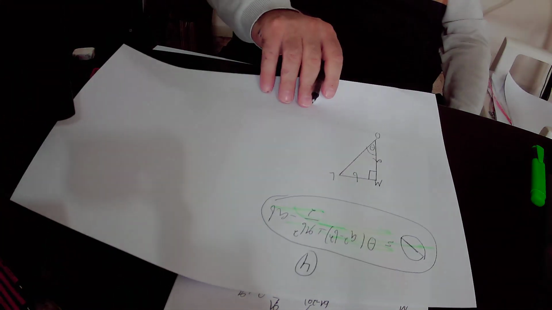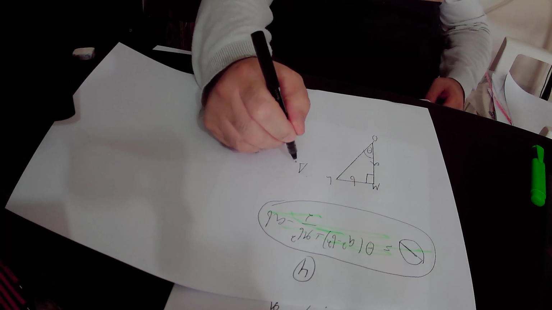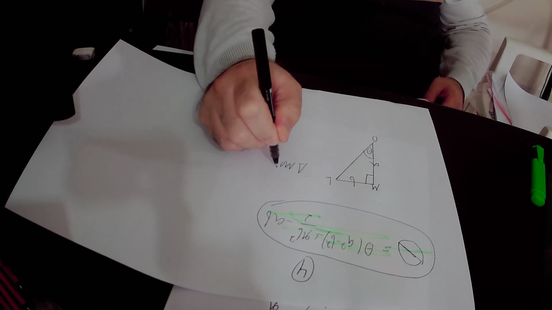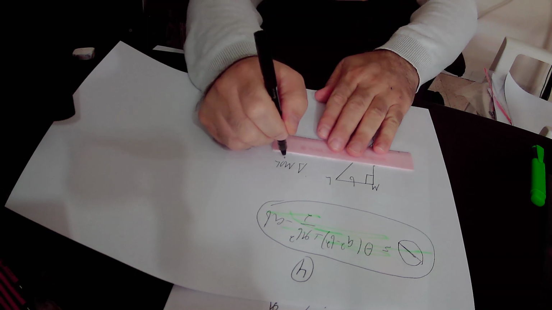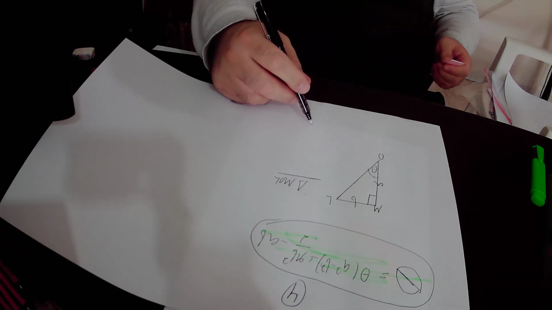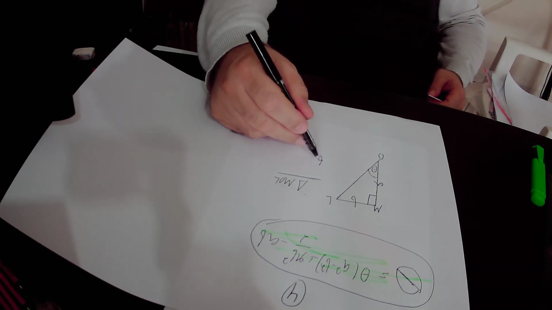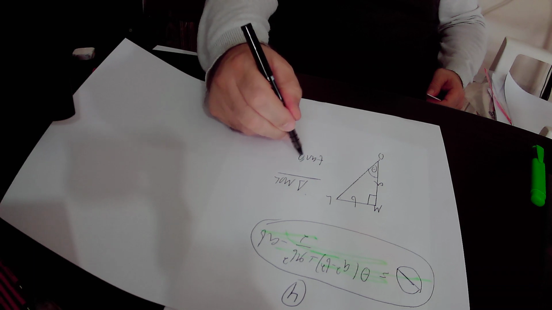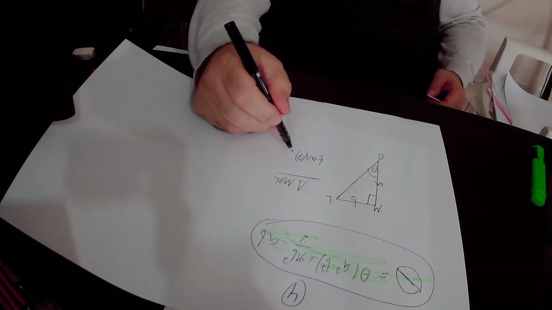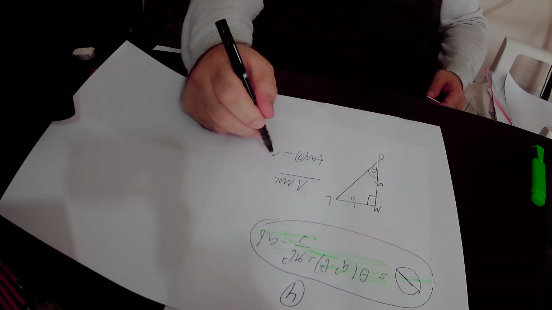So we'll focus on this right triangle MOL. Here it is very easy to see from the drawing that tangent theta equals ML over MO.